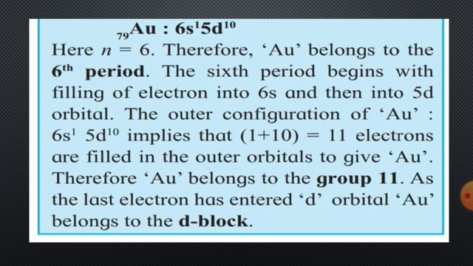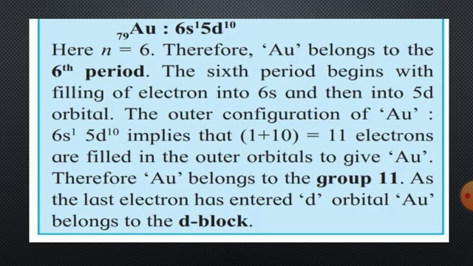Therefore gold belongs to the 6th period. The 6th period begins with filling of electrons in 6s and then into the 5d orbital.